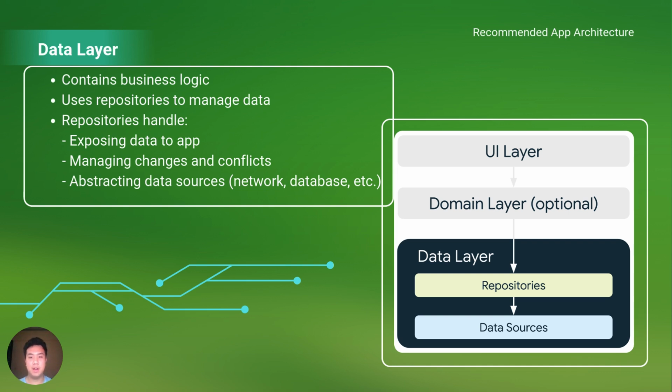Each data source class should have the responsibility of working with only one source of data, which can be a file, a network source, or a local database. Data source classes are the bridge between the application and the system for data operations.